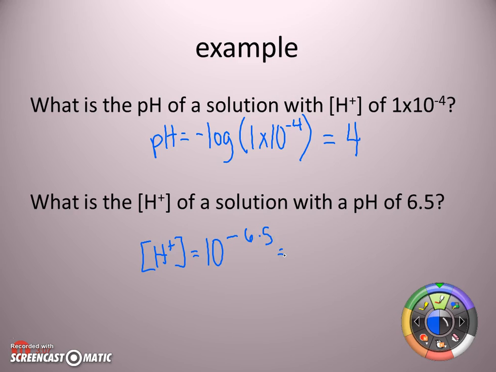So if you do 10 raised to negative 6.5, you should come out with 3.2 times 10 to the negative 7. If you want to check your work, since these are opposites of each other, you can take this hydrogen concentration, plug it into the original pH equation up here, negative log, and you should get 6.5 for your answer. That's to check your work.